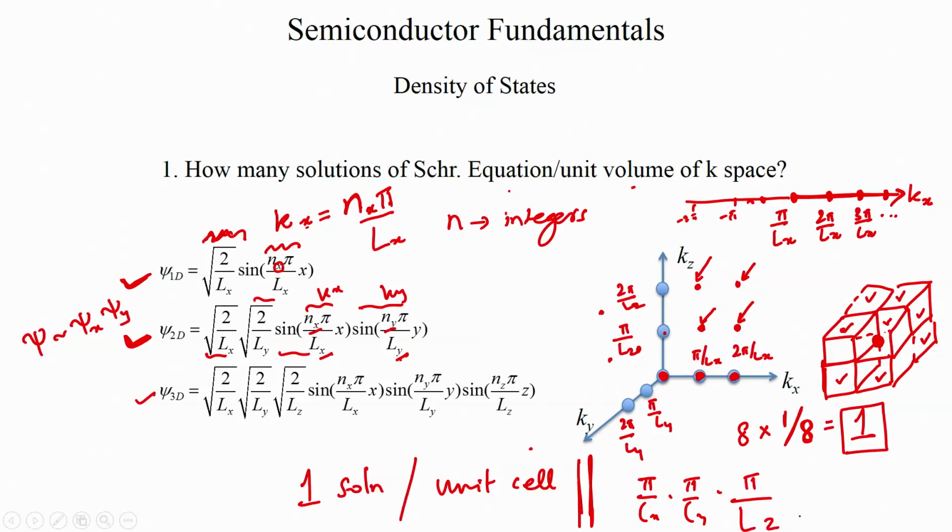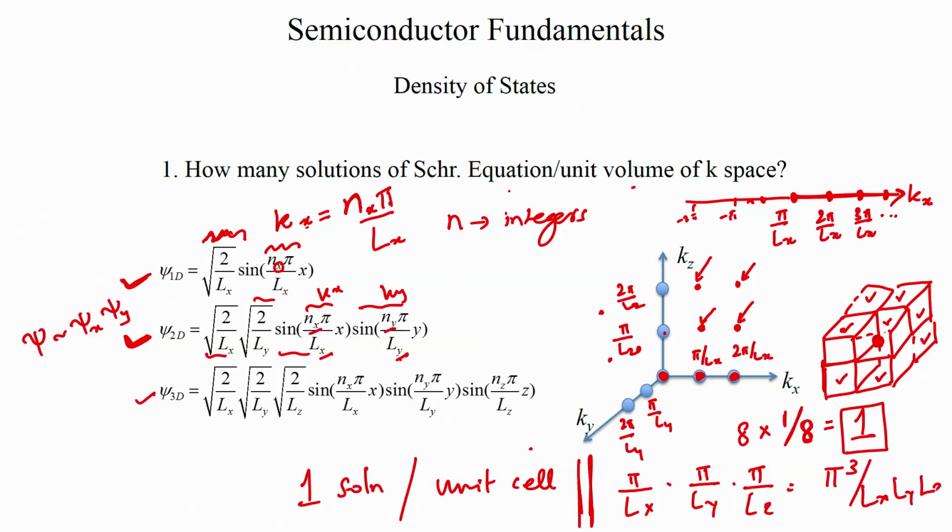Let me just write it a little better. My apologies. So the volume of a unit cell in k space is pi by Lx into pi by Ly into pi by Lz, which is pi cube by Lx Ly Lz.